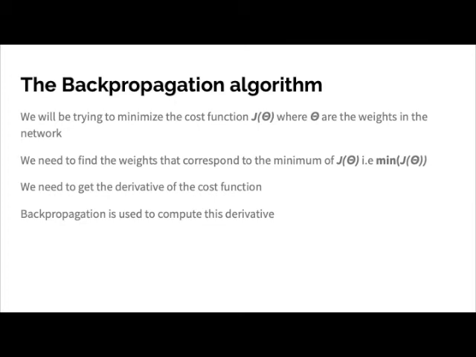So the weights in the network determine what J theta is going to look like. So we need to find the weights that correspond to the minimum of J theta. And that's what the backpropagation algorithm helps us with. So the backpropagation algorithm is a way to calculate the derivative of the cost function, but through iterations and with ease, and using a bit of gradient descent.